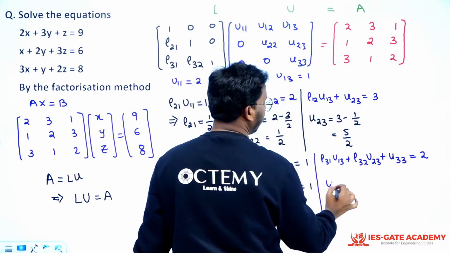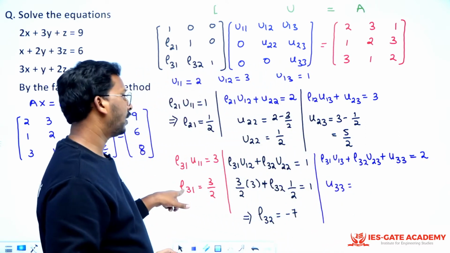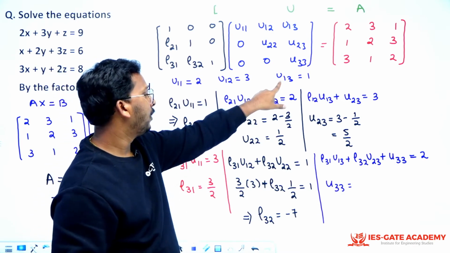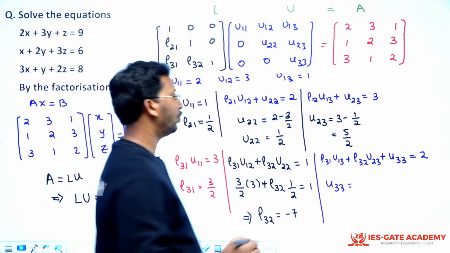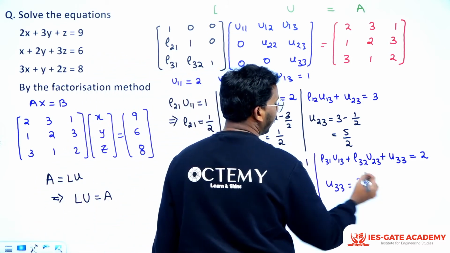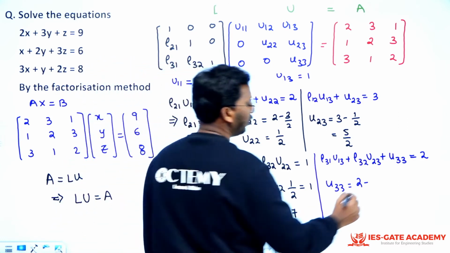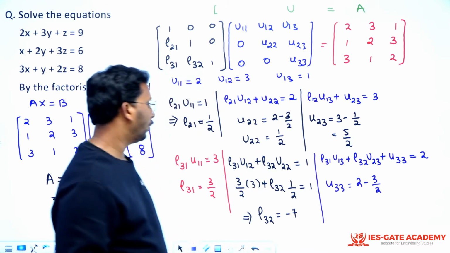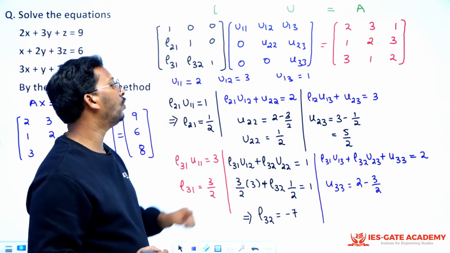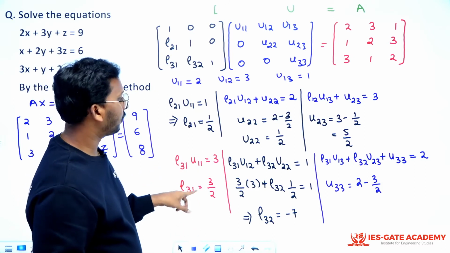You know L31, U13, L32 and U23, so you only don't know U33. So that will become 2 minus 3 by 2 into 1, so minus 3 by 2, and L32 is minus 7, so on this side it goes plus 7, into U23.